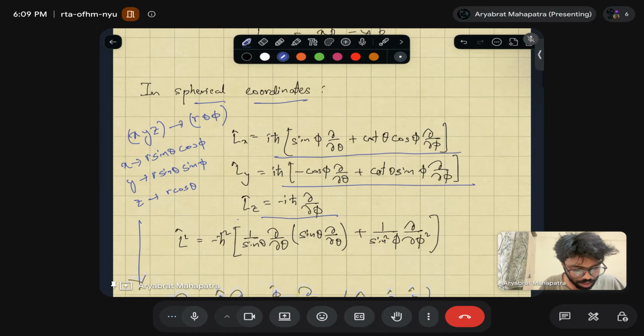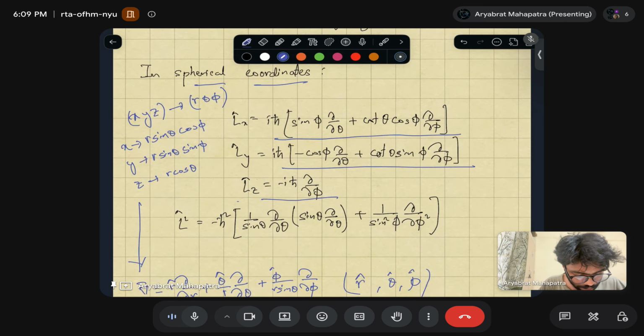Again, for L square you can take R cross P, and if you do it twice, you get the L square expression.